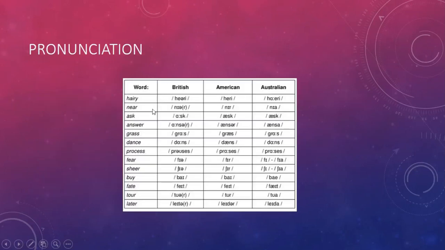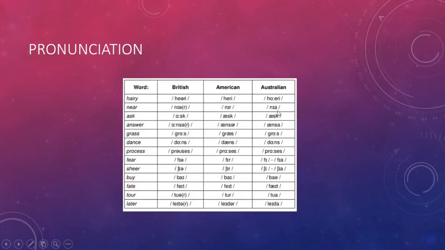Let's look at some differences in pronunciation between Australian, British and American terms. I'll only be reading Australian, and I won't be doing a perfect job because, as I mentioned, Australian English is very hard to copy. So hairy is actually pronounced hairy. I don't know.